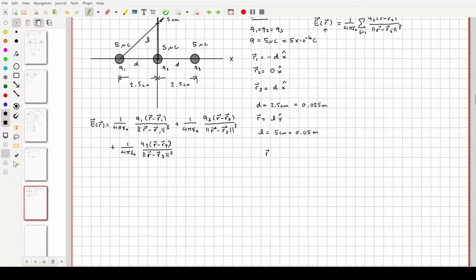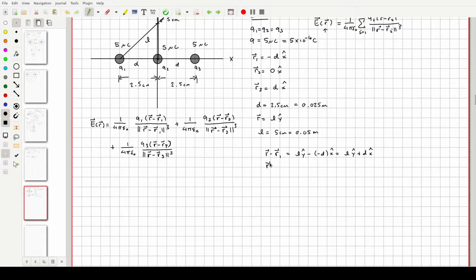So R minus R1, which would be our first one right here, is going to equal to L y hat minus R1, which is minus D x hat. And minus times a minus is a plus. So that's what R minus R1 looks like.